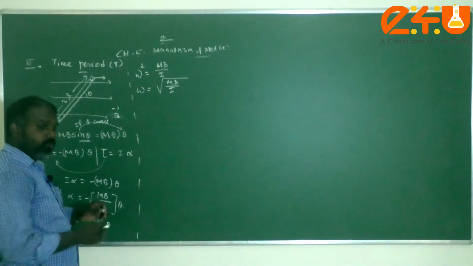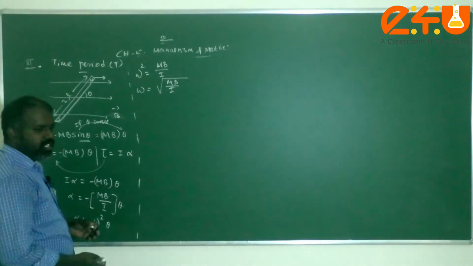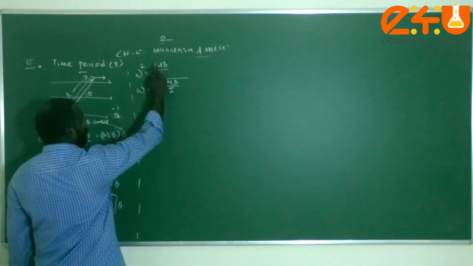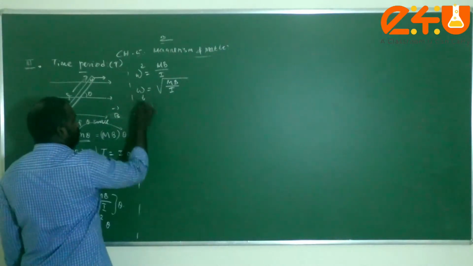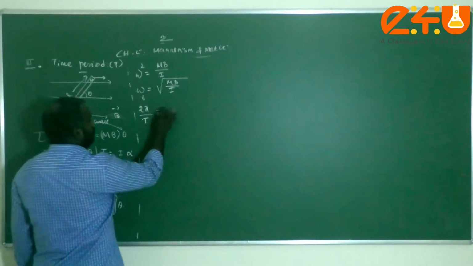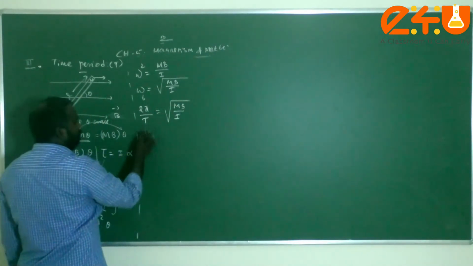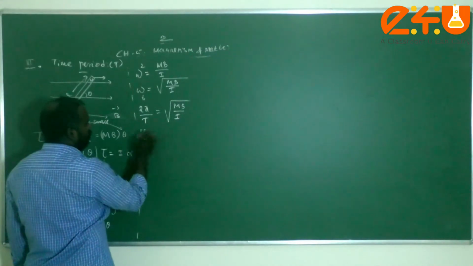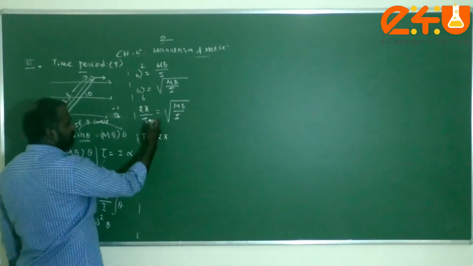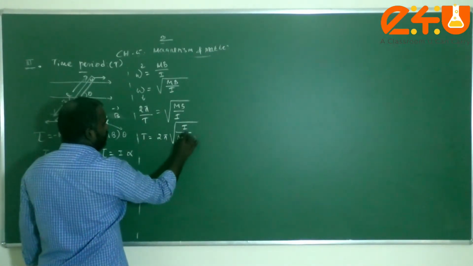In electrostatics we said P is equal to Q into 2d or 2L. Here also we can say M into 2L. That comparison table we will discuss, but anyway M is the magnetic moment. Omega is 2 pi by T, so 2 pi by T is equal to root over MB divided by I. From this, T is equal to 2 pi root over I divided by MB.